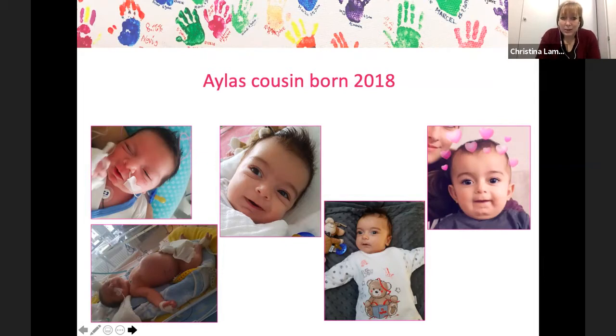They tested him immediately, and he was able to start the enzyme in the first few months of age. And actually, you see him here after some time, and he is much less affected than the cousin Ayla that I showed you before. But this is also due to the fact that he started the enzyme replacement therapy very early. So the earlier you start treatment, the better it is.